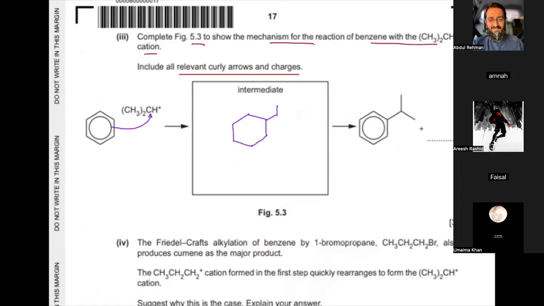Over here, you bond this carbon with two CH3s, then the semicircle and the positive charge. And over here, you put a hydrogen, and then move the bond from the hydrogen to inside the circle and put the H positive at the end. Yes, it's better to write anhydrous, Shazad. So that is how you do the mechanism.